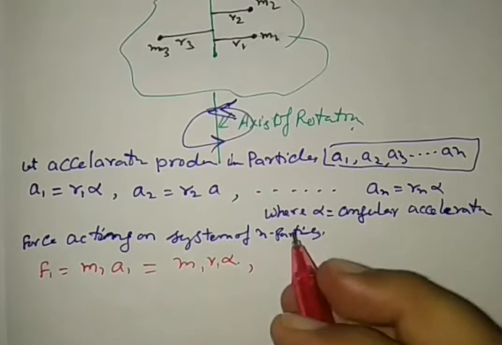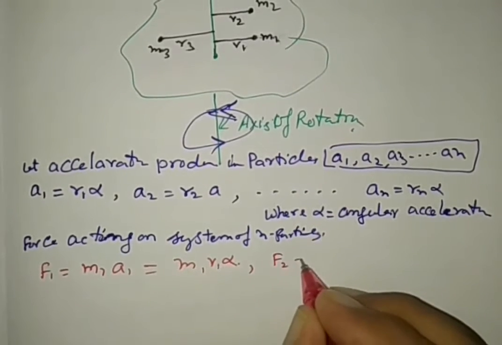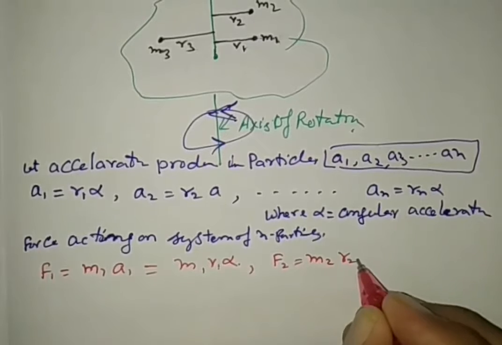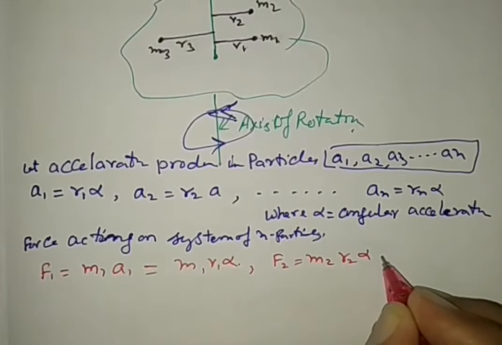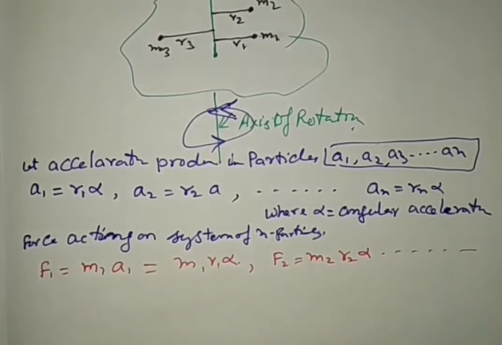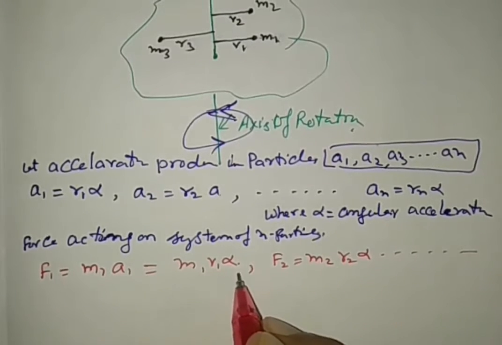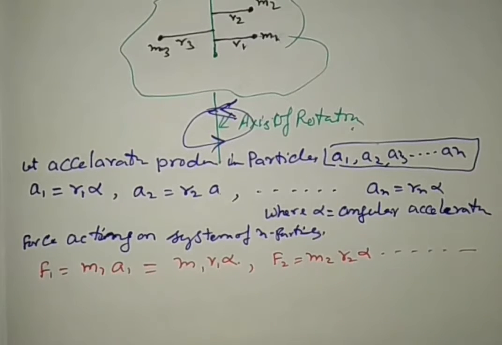Similarly, we obtain F2 is equal to m2 r2 alpha, and so on. So the forces acting on the particles are m1 r1 alpha, m2 r2 alpha, m3 r3 alpha, and so on.